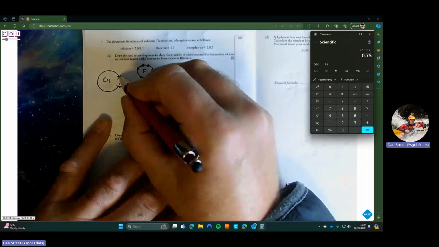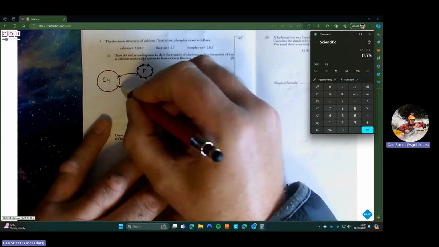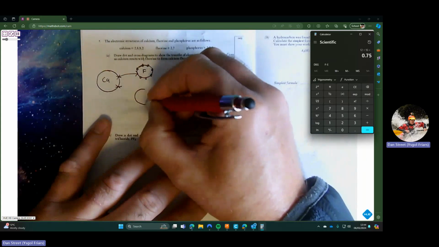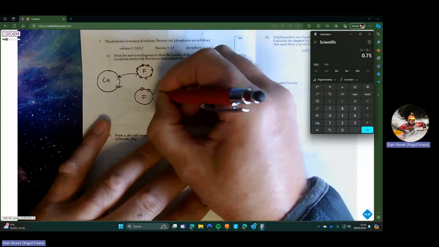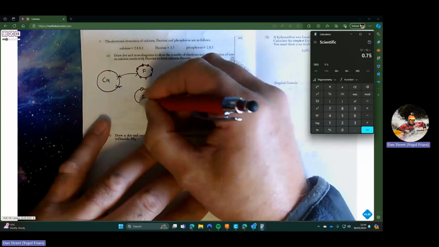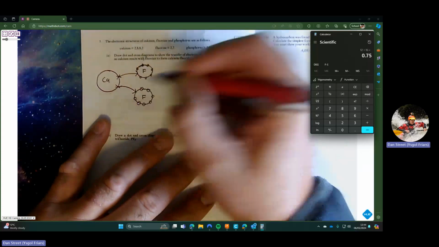So if that electron there is transferred to fluorine, there is no more room in this fluorine for that electron. So consequently, we do need a second fluorine atom to make this work. So 1, 2, 3, 4, 5, 6, 7. So that electron goes down to there.